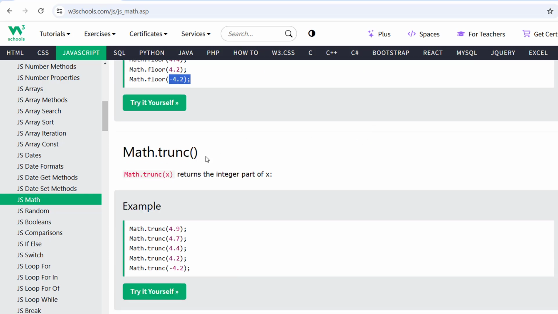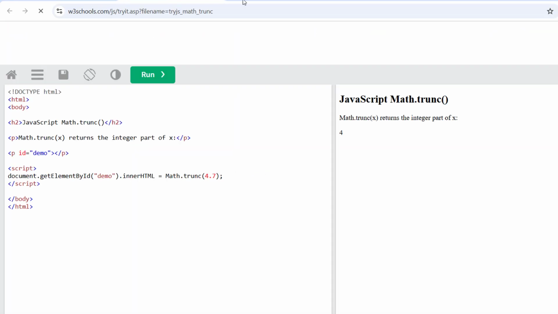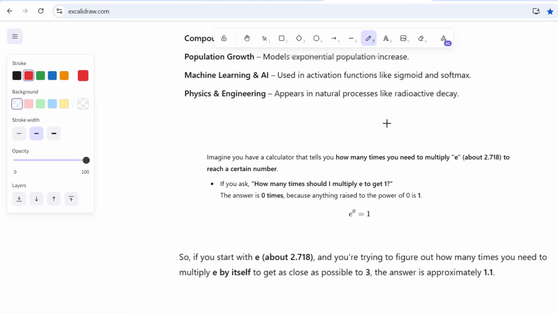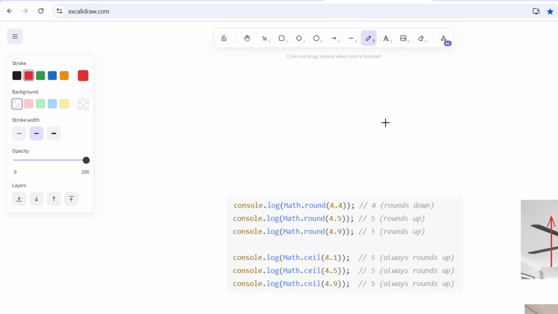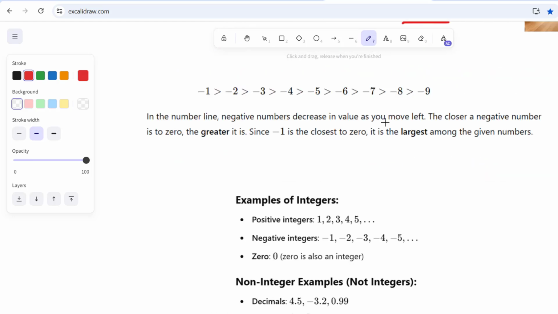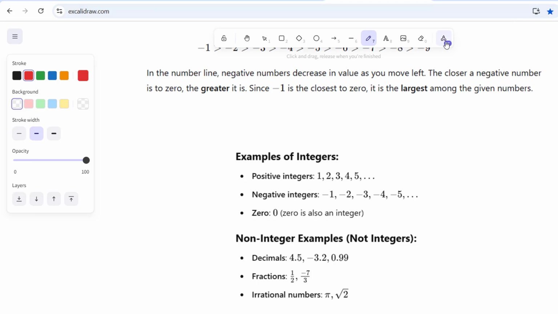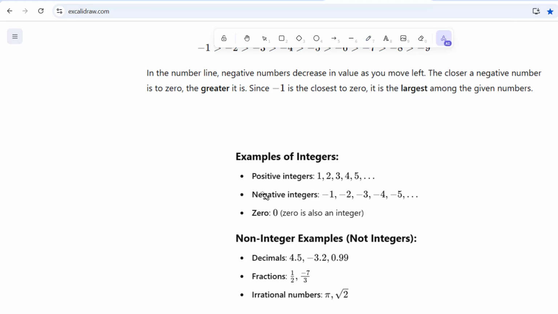Okay, this is Math.trunc. This is the integer part. So what does integer mean? I have the explanation over here. Integers are positive numbers: 1, 2, 3, 4, 5. Negative numbers are also integers. 0 is also an integer.